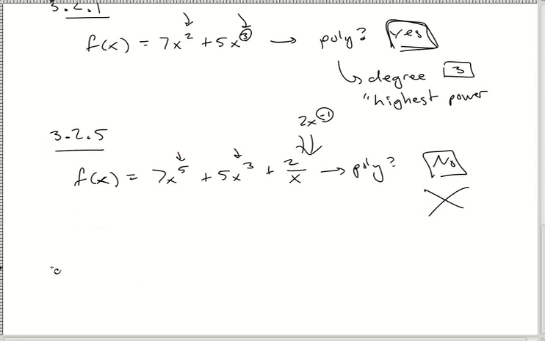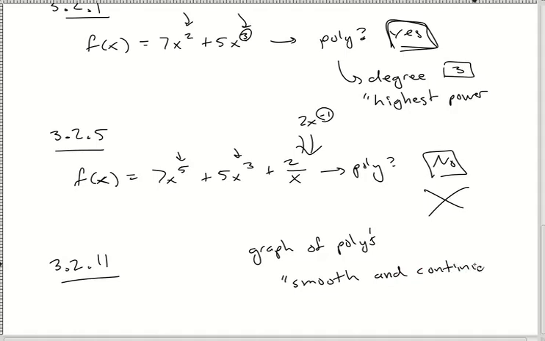All right. How do we know if a graph is a polynomial? Graphs of polynomials are smooth and continuous.